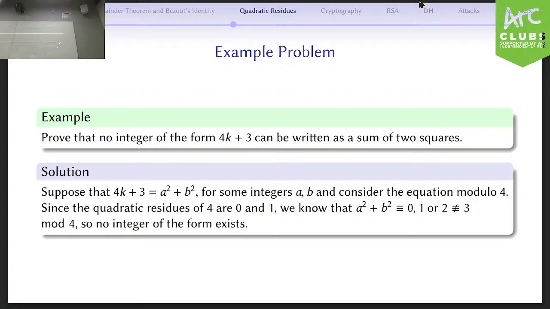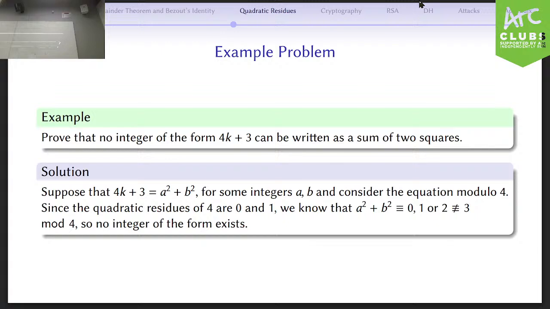So we're going to check mod 4, so the quadratic residues mod 4. Let's just list them all out first. We have 1, 2, 3, 4, and then we'll square all of it and check. 1 squared is 1 mod 4, cool. 2 squared is 0 mod 4. 3 squared is 1 mod 4 again. And 4 squared is once again 0 mod 4. And then it starts repeating afterwards.